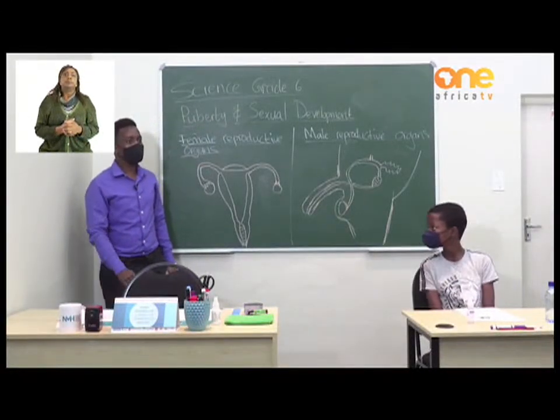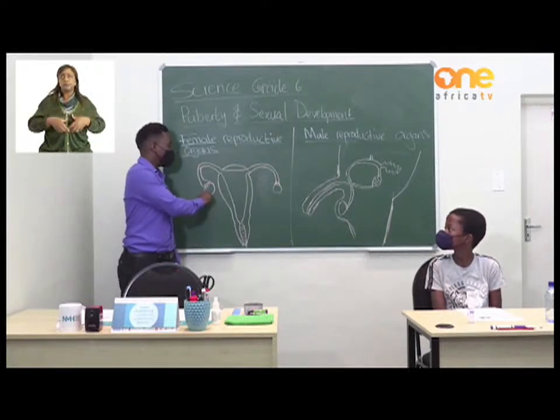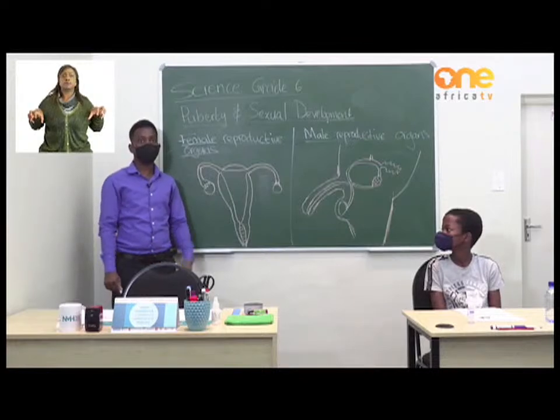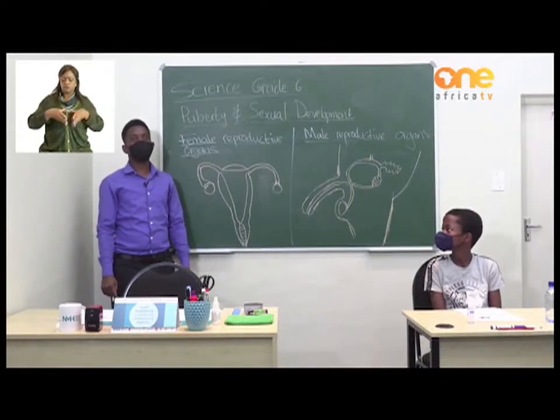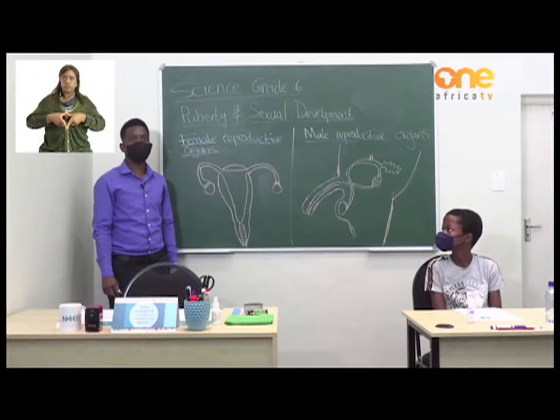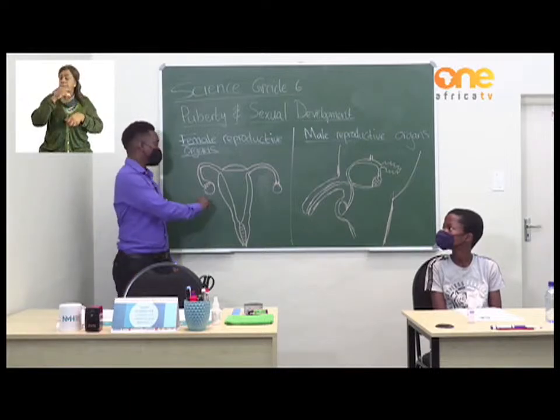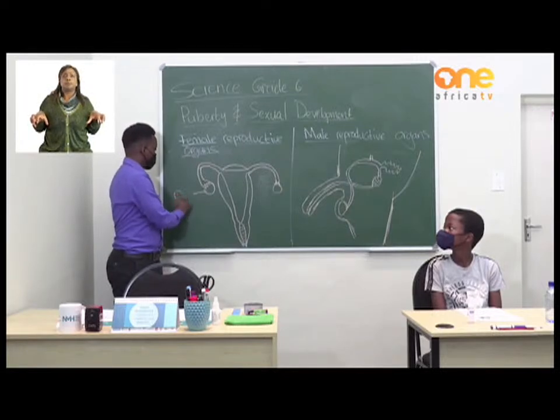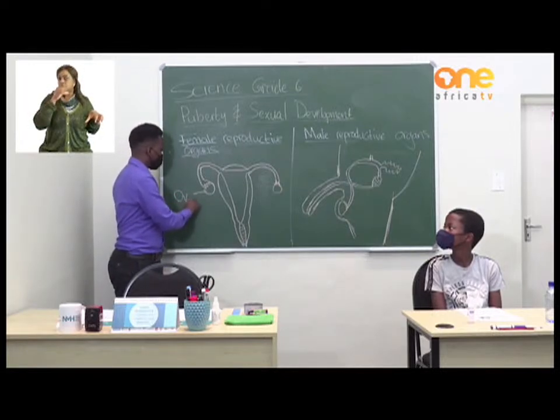Now on the chalkboard with me, I have the female reproductive organ. And we are now just going to label it, and afterwards, that is when we will look at the role of these structures. The first one that we have on my left here is the ovary.